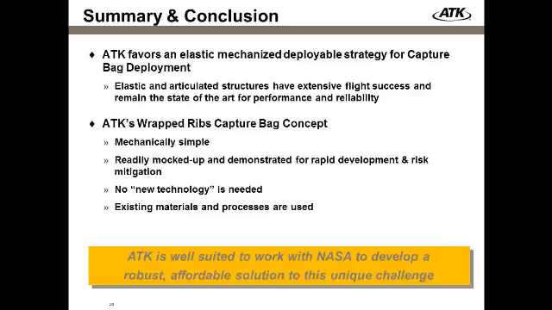Simplicity is always left to the details, but a simple approach has a much more viable chance of operating in space with fewer complications. We feel we can readily mock this up and do some development deployments and demonstrations. We really don't see new technology as being needed. We don't see this as a stretch, and a lot of existing materials and potential processes could be used.